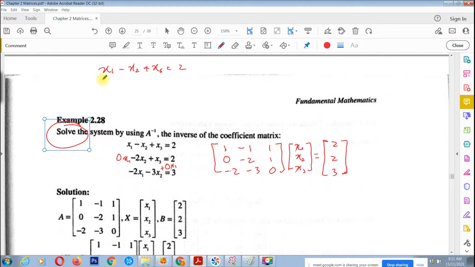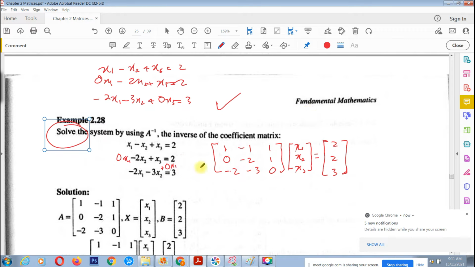So 0 x1 minus 2 x2 plus x3 equals to 2. Negative 2 x1 negative 3 x2 plus 0 x3 equals to 3. So meaning we represent the same equations but in the form of matrices, right?